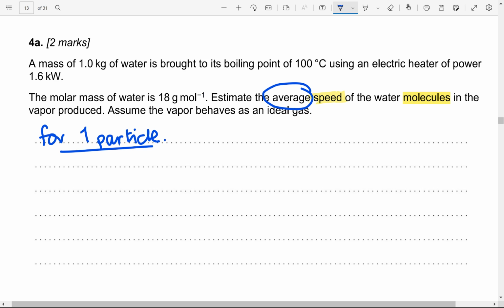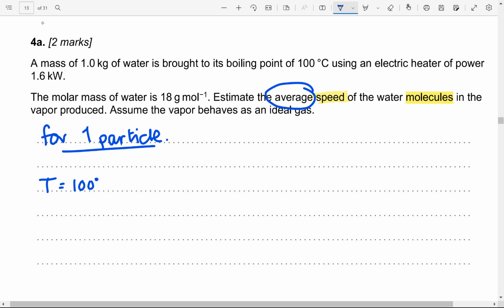Okay, so let's see what letters we have first of all. We have a mass of water, and then we have a temperature in degrees Celsius. We've got a power of 1.6 times 10 to the 3 watts.